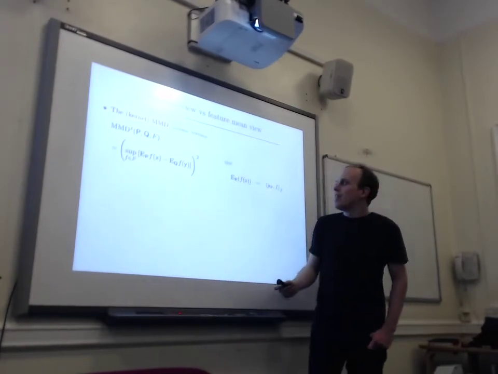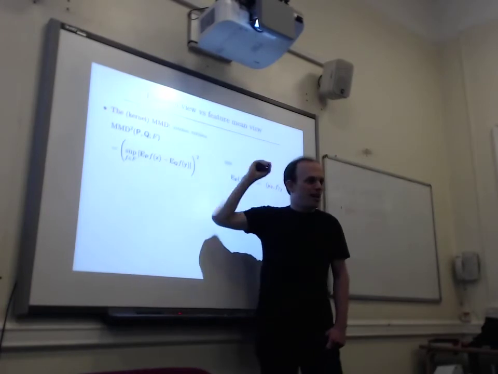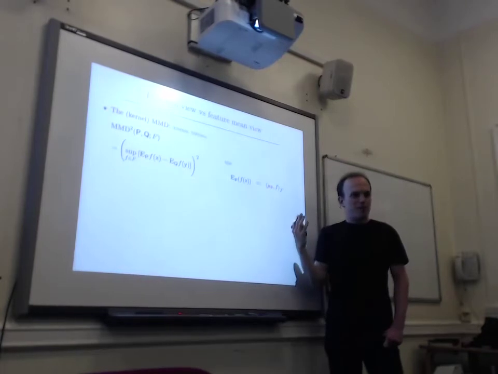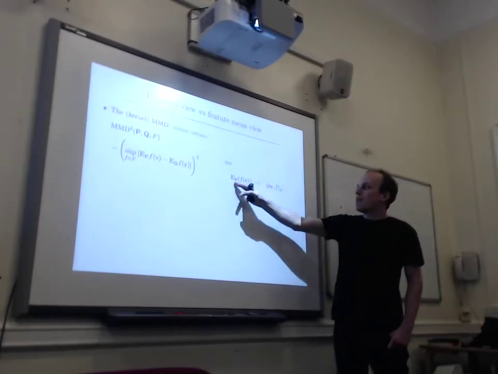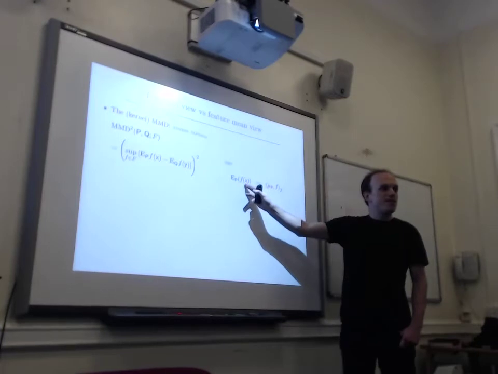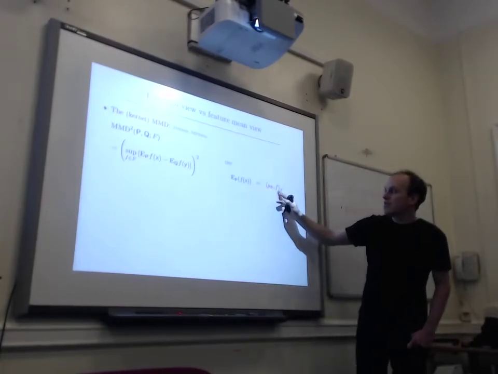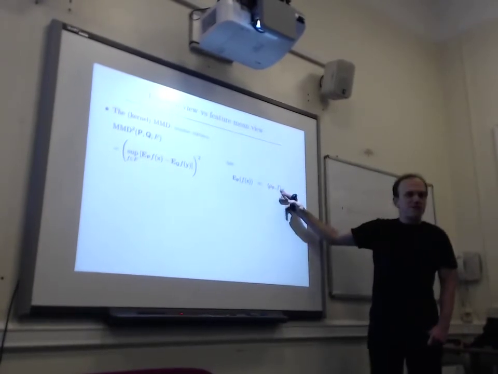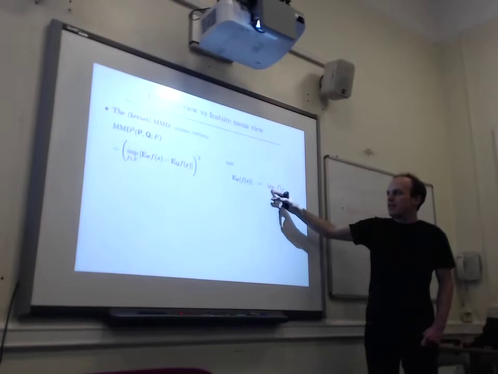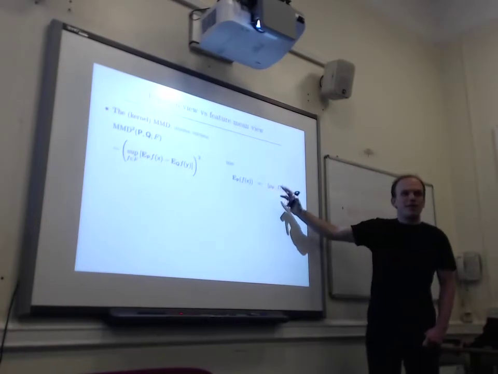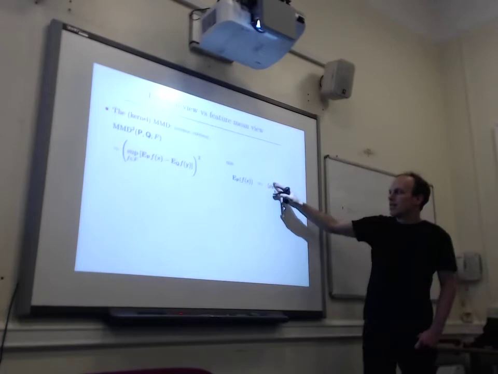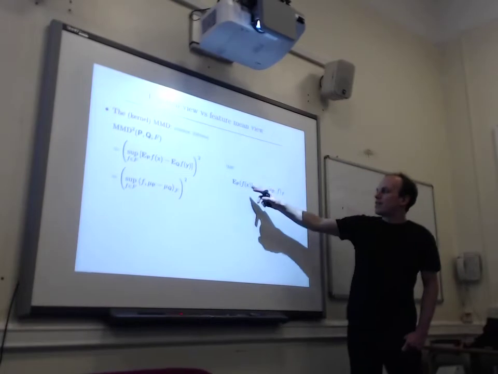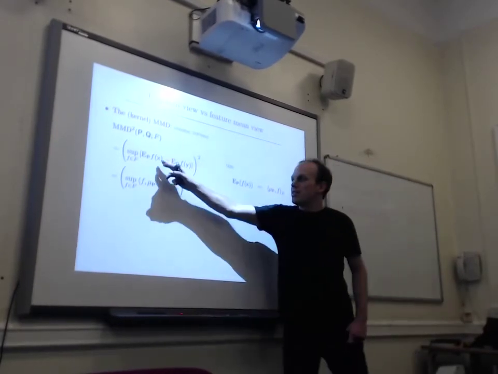Now remember that these functions are in reproducing kernel Hilbert spaces, okay? So that means that from a couple of slides back, I can write the expectations of these functions as inner products between the feature vectors that represent these functions, and the expected feature vector under P. So the expectation of the feature map under the distribution P. So let's take this result here and substitute it into here.